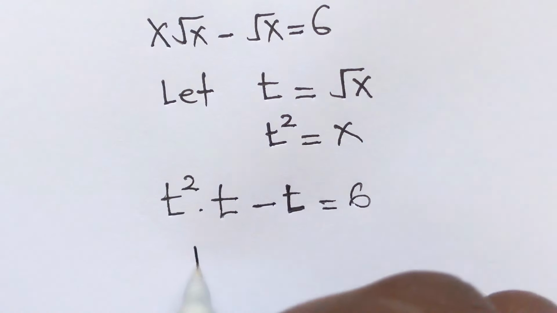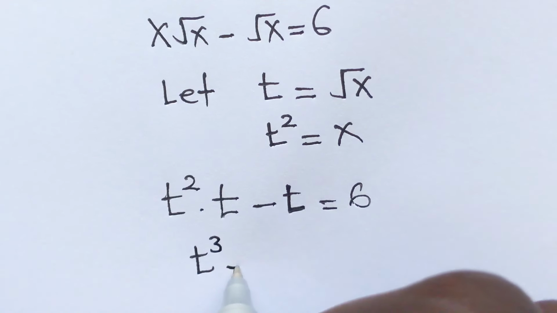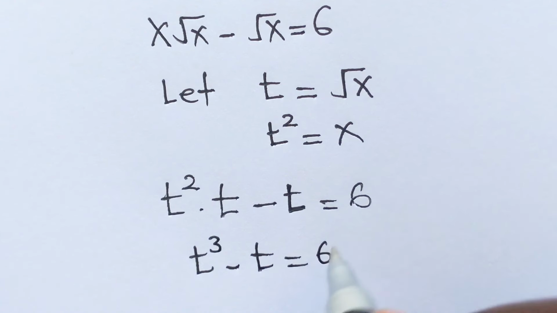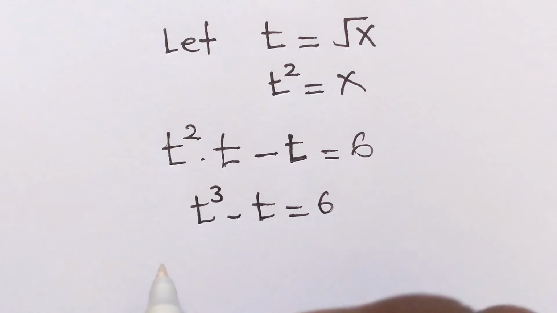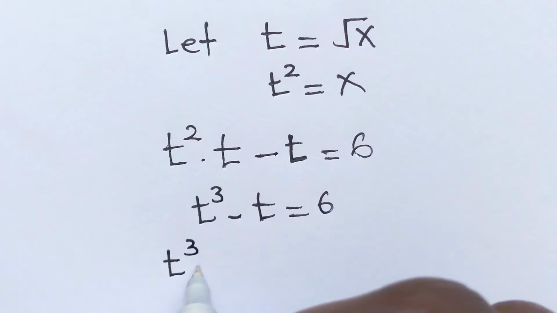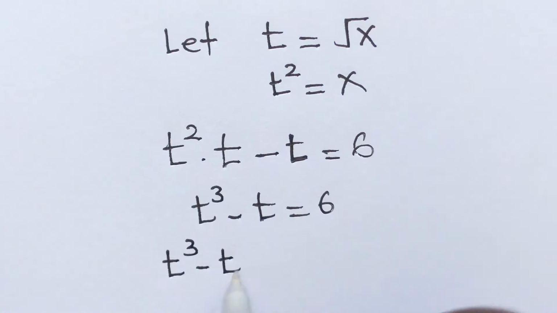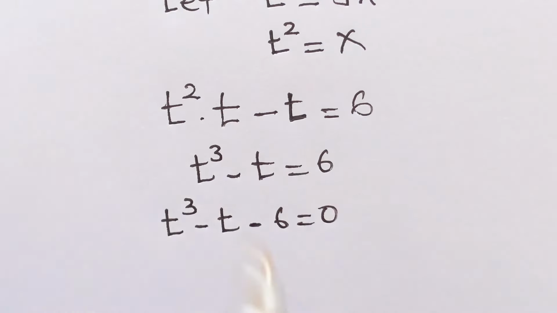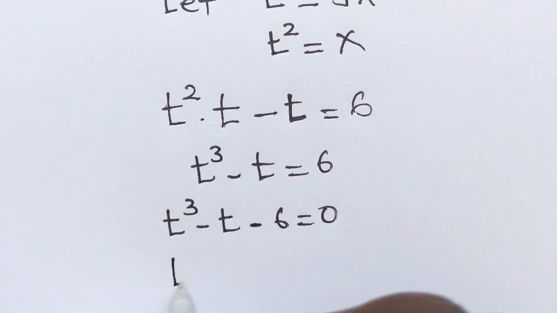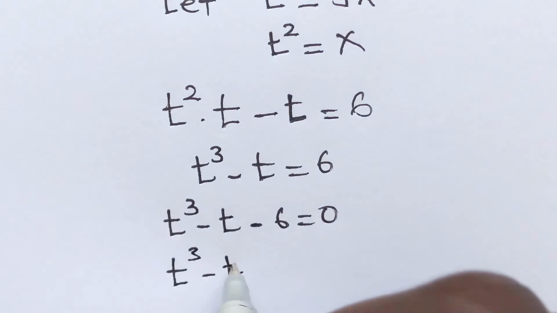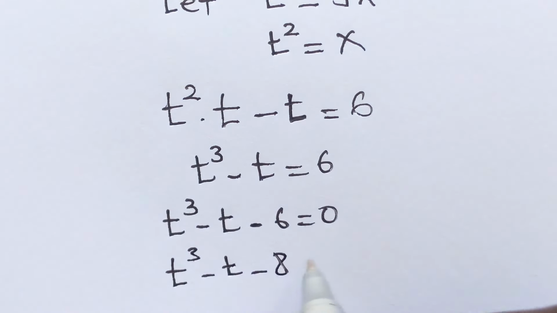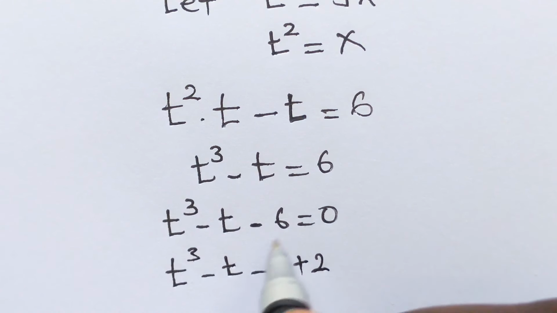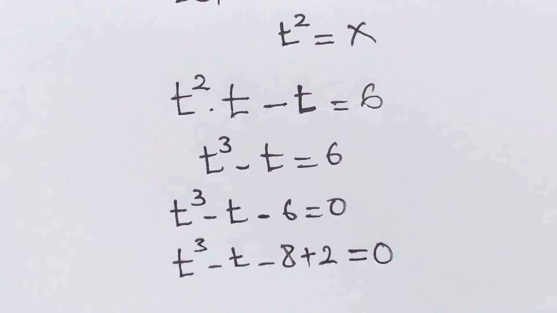We shall have t power 3 minus t equals 6, so t power 3 minus t minus 6 is 0. We have t power 3 minus 8, then minus t plus 2, because this value of numbers can replace negative 6, which is equal to 0.